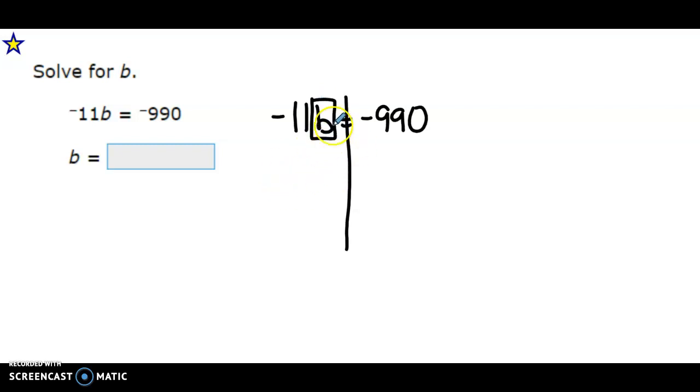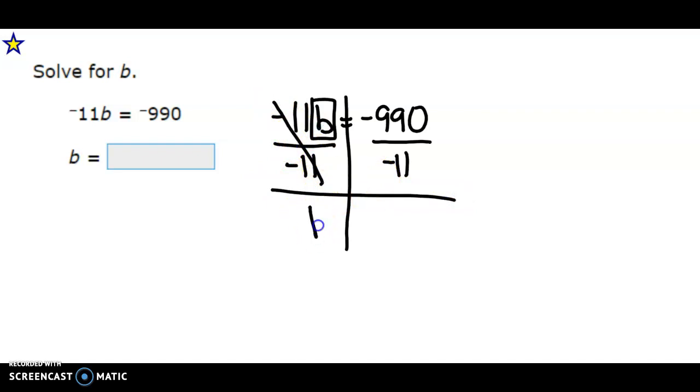All right, so to isolate b, this is multiplication, so we are going to use division, and hopefully you said that you would divide both sides by a negative 11. Again, when you're using multiplication or division, you're doing the exact same number. If it's a negative, you divide by a negative. If it's positive, you divide by a positive, and that would get you b equals positive 99.